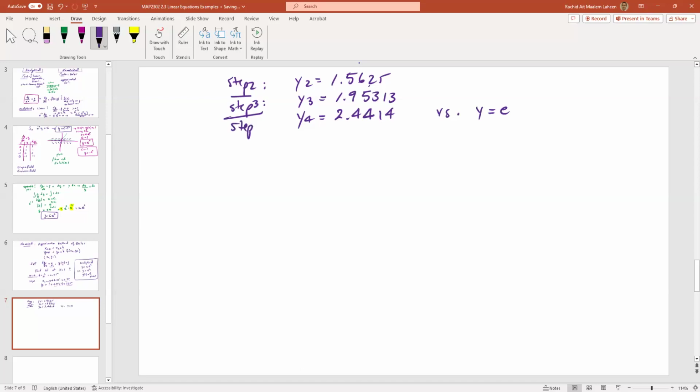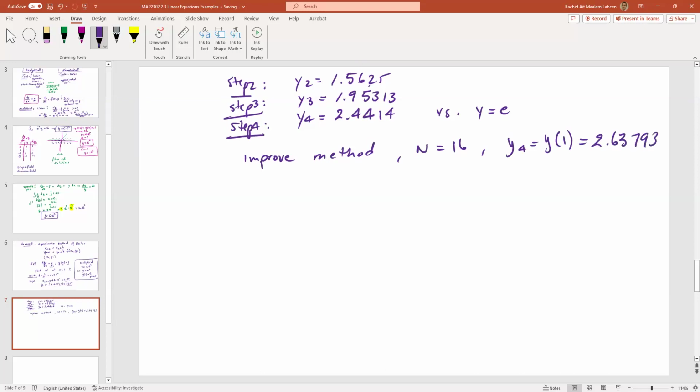Which means if you want to improve the error, improve the method, one way is to increase the n. Let's say we did 16, and that gave us y16, which is of course y at 1, to be 2.63793.